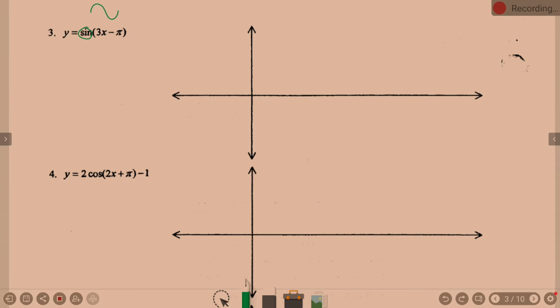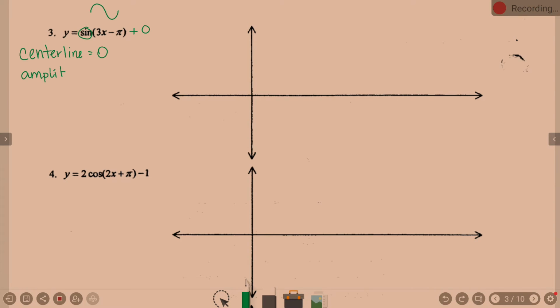Okay, let's see. Center line. There's nothing added or subtracted outside the parentheses, is there? So there is an invisible plus 0. So we do have a center line of 0, which just says my graph isn't moving up or down.